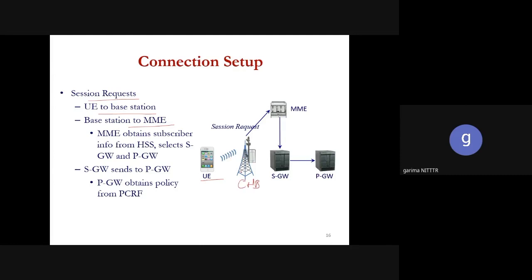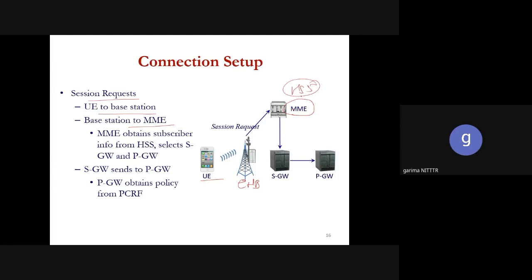The eNode B gives your request to the MME, the mobility management entity. The MME then obtains the subscriber info from the HSS, because the HSS is also part of this. So it will obtain all the information of the subscriber, because you are the subscriber.